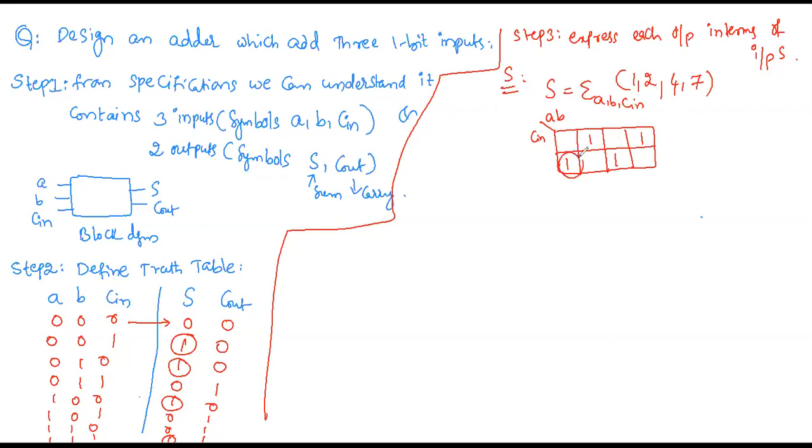You can't form groupings of 4 or 2. So form single groups: G1, G2, G3, G4.